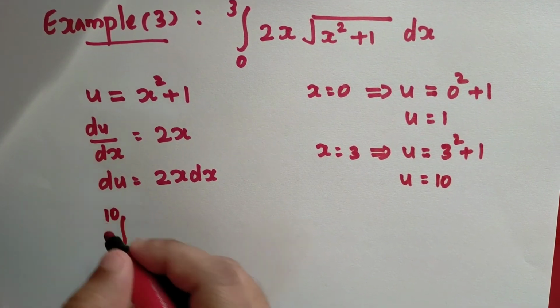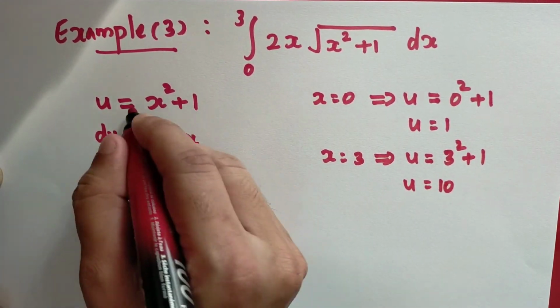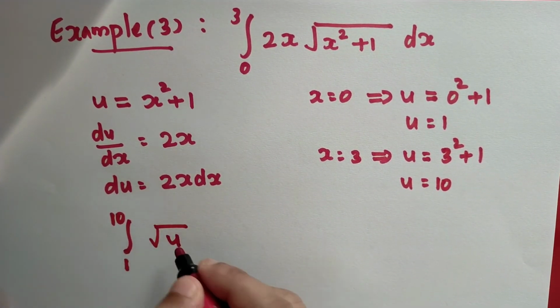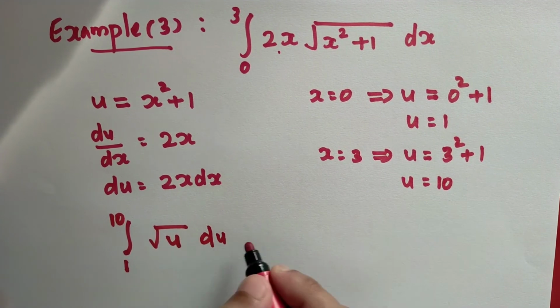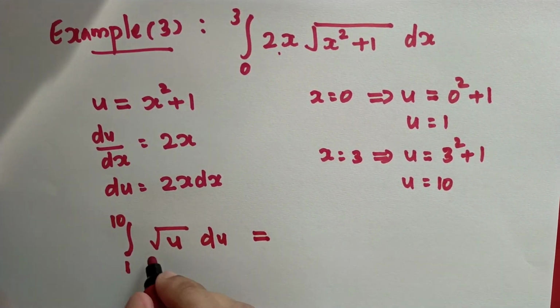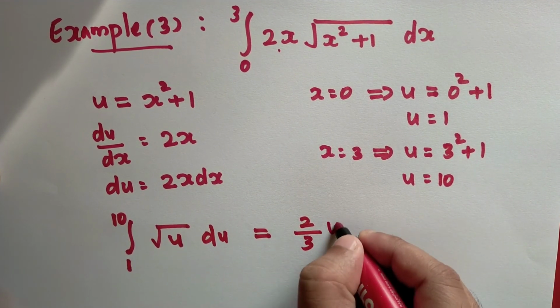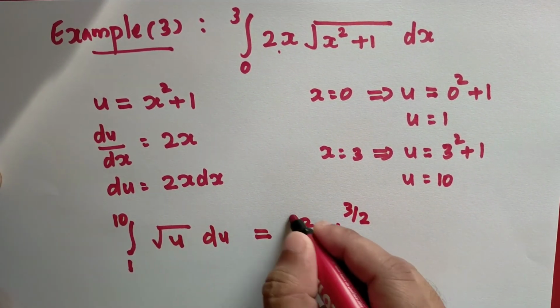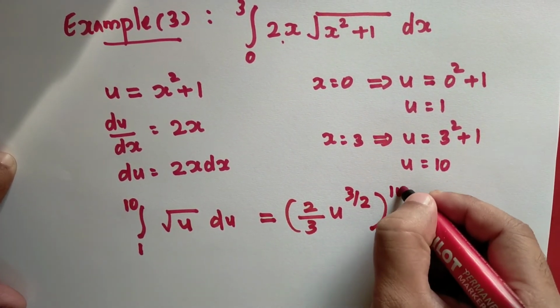Therefore, the integral becomes integral 1 to 10 of root of x power 2 plus 1. x power 2 plus 1 is u. So root u and 2x dx is du. That is equal to integral of root u, which is 2 by 3 u power 3 by 2, and apply the limit points.